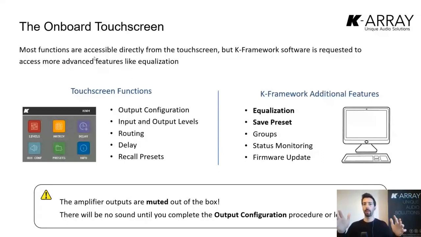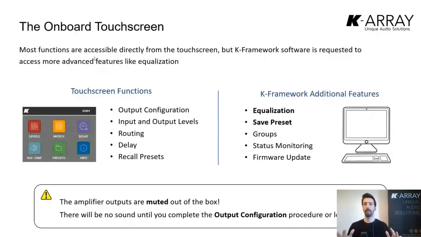When you open a brand new amplifier, there is no sound going on. The outputs are muted for safety reasons. If you connect something in the input, you will get nothing in the output. Why?